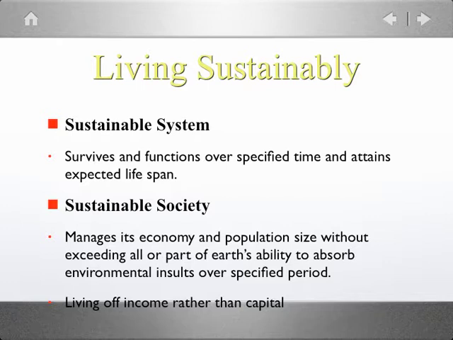A system is an agreed upon unit which is separate from its environment, right? So it survives and functions over a specified time and attains expected lifespan, right? This is, in general, what we're talking about with a system. And a sustainable society is a society which manages its economy and population without exceeding all or part of the Earth's ability to adapt, right? So we're living off income rather than capital.